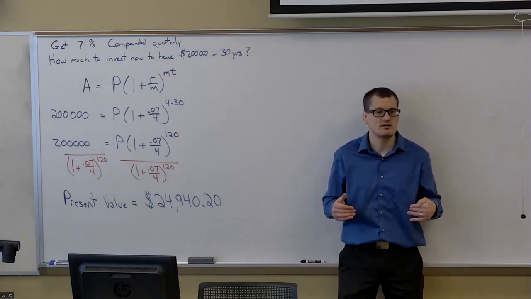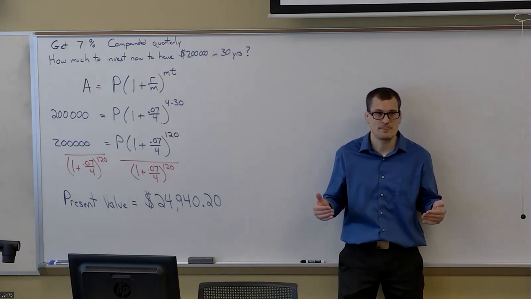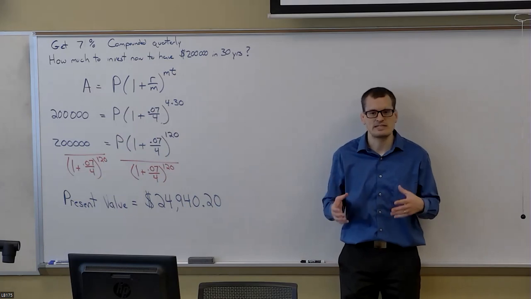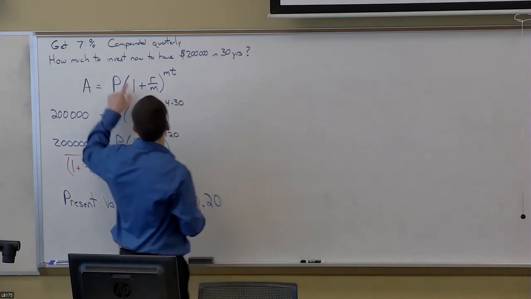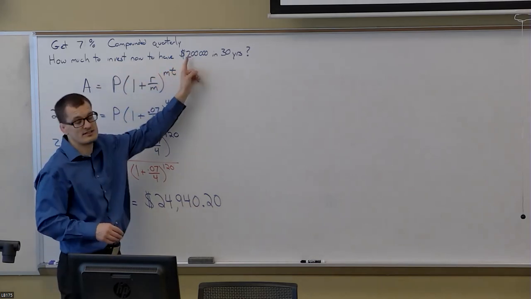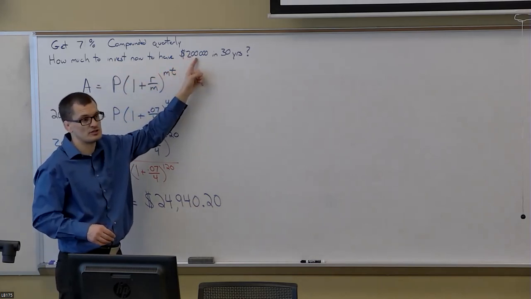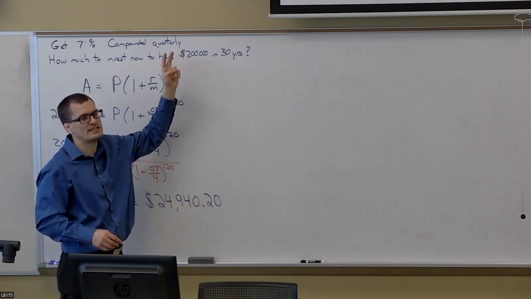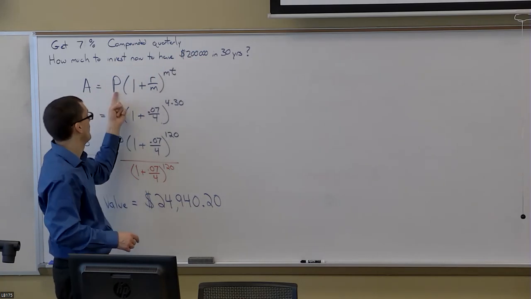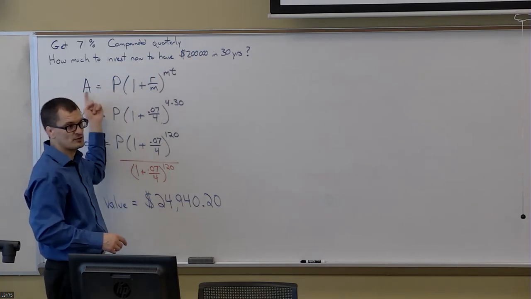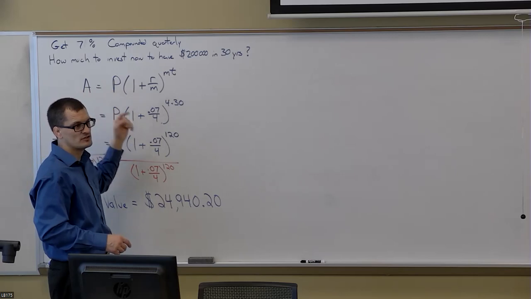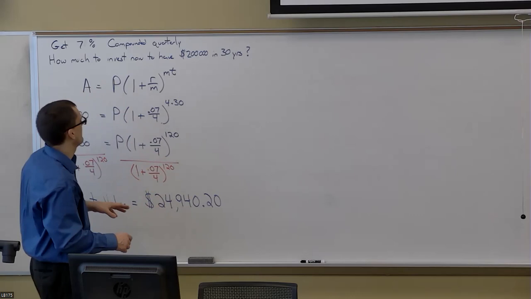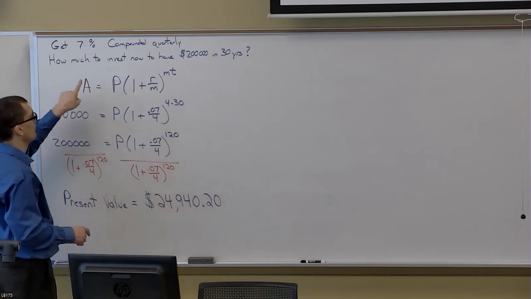Because very often, people will read a present value problem, and instead of reading the question and saying, how much do you invest now to have 200,000 in the future, they'll read that and say, oh, I'm putting in 200,000 now. How much will I have in the future? Does that make sense?